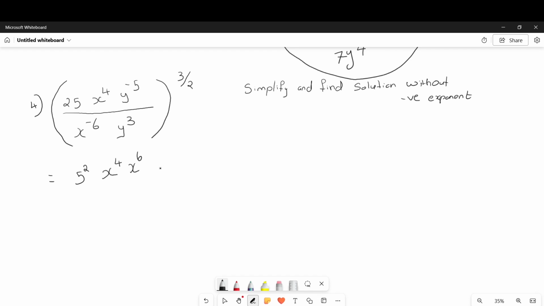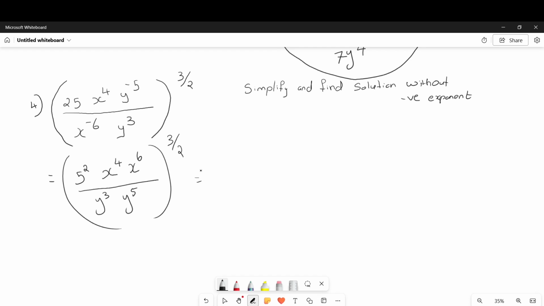Then the next thing is y. Same thing here. The y will go to the denominator side, because y cube is already here. Then this negative exponent of y will go to the denominator side, y to the 5. So this is all to the power 3 by 2.